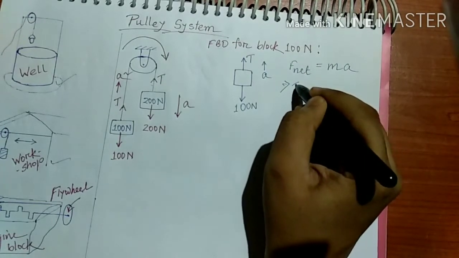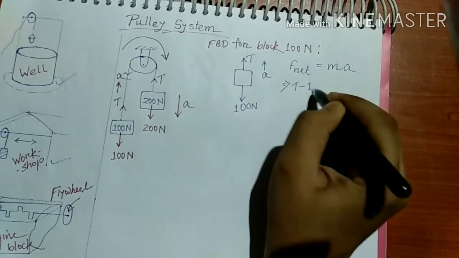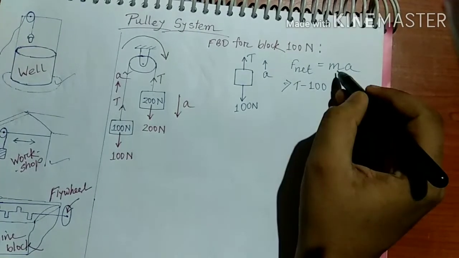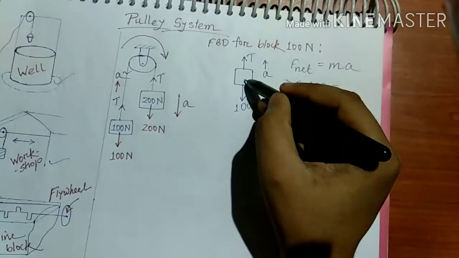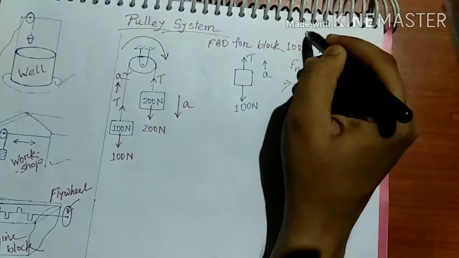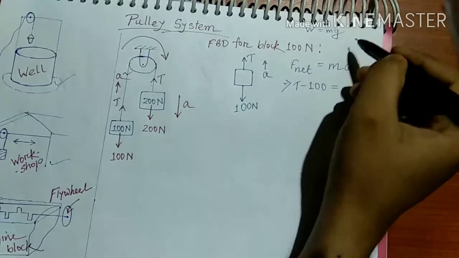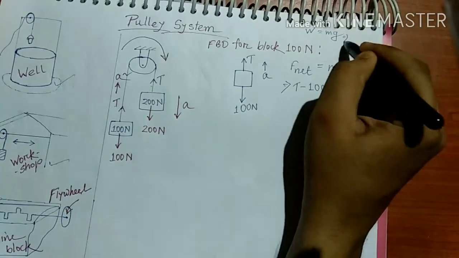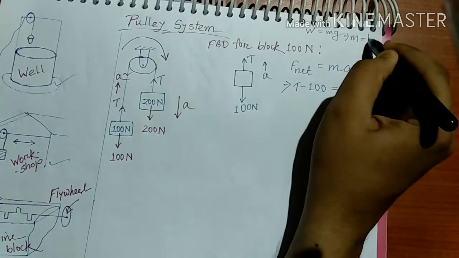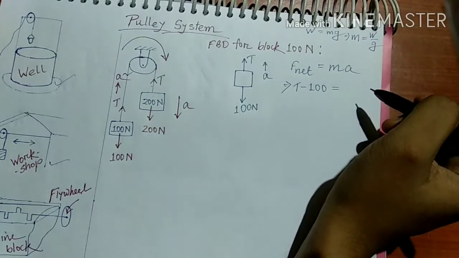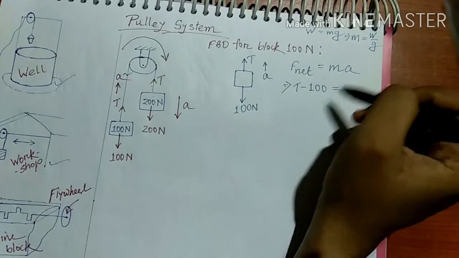I will say this is T minus 100 is equal to ma. What is the mass for this block? You know that weight is equal to mass times gravitational acceleration. So what is mass? This is W by g. Yes or no? So mass is W by g.